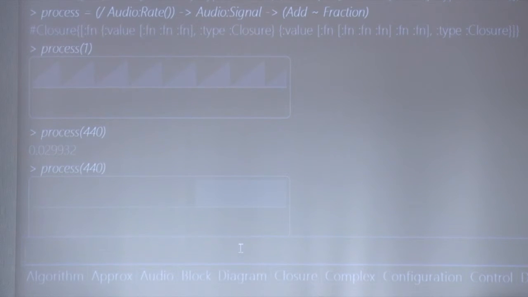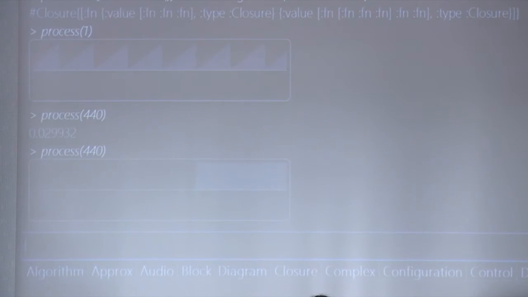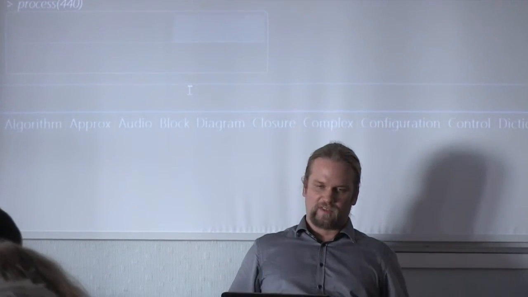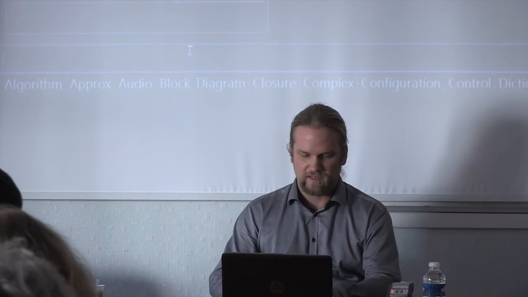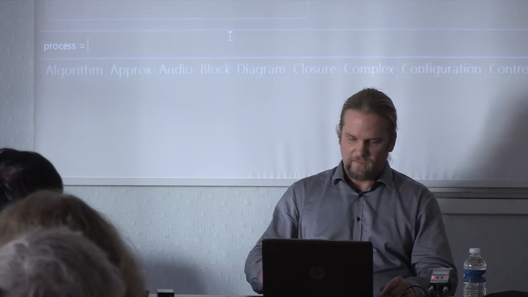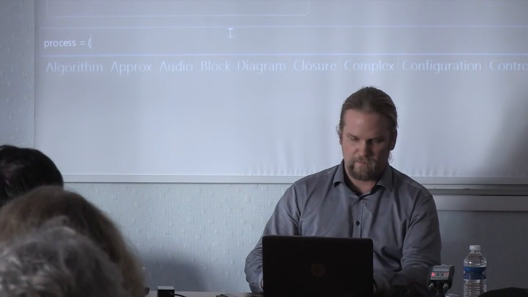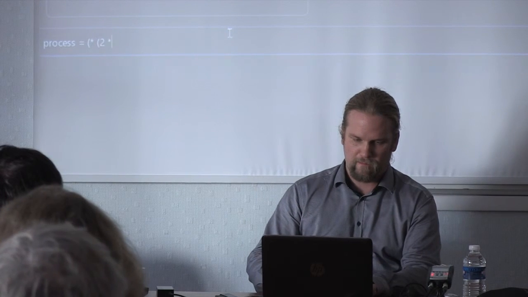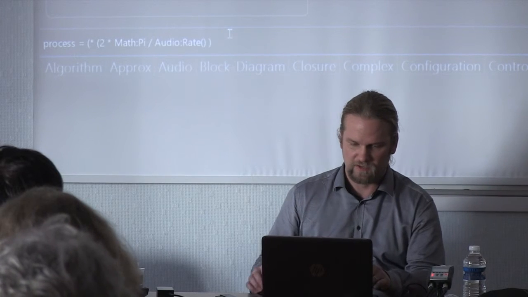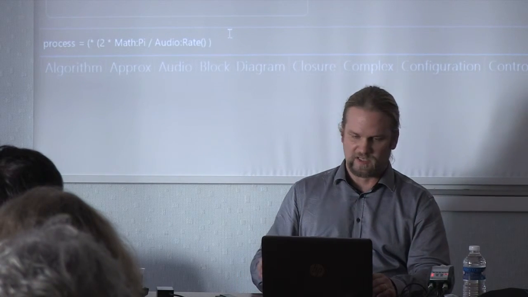Let's see. We could also use the types in Kronos to combine with this block diagram concept. Let's make a sinusoid oscillator in the same way. First, convert the frequency to cycles per second.